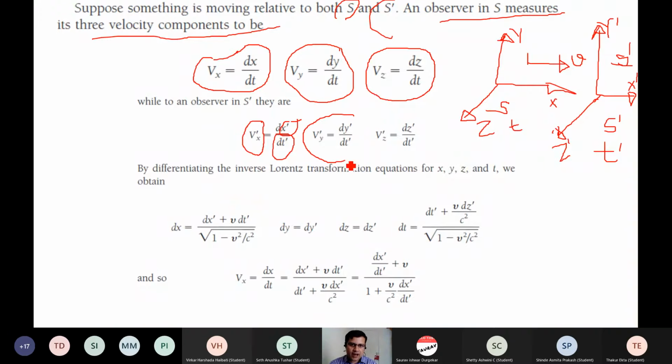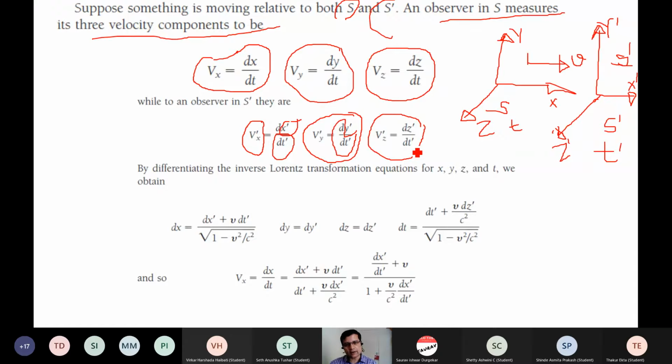Similarly, we can do the vy prime, the first order differentiation d by dt prime of y prime. And similarly you will have vz prime, that you can calculate by differentiating dz prime with respect to dt prime.